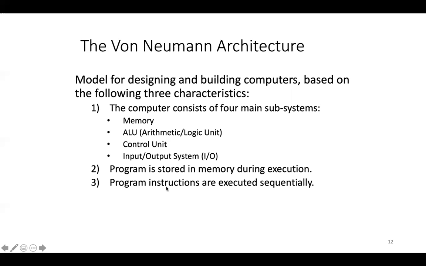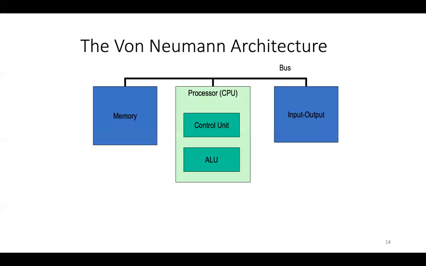So the von Neumann architecture carries these three conditions: the main subsystems, memory storage, and sequential execution of instructions. This is not a multi-processor architecture, so instructions are executed sequentially, not in parallel.